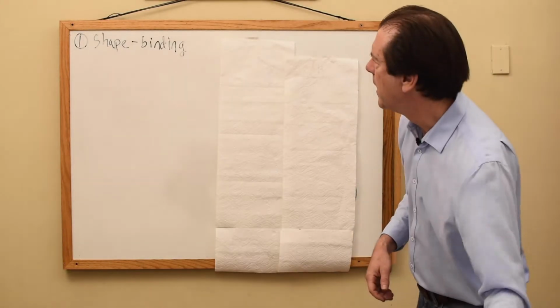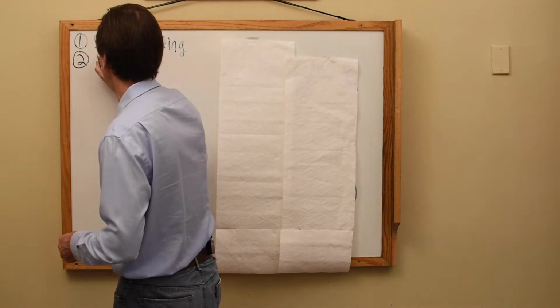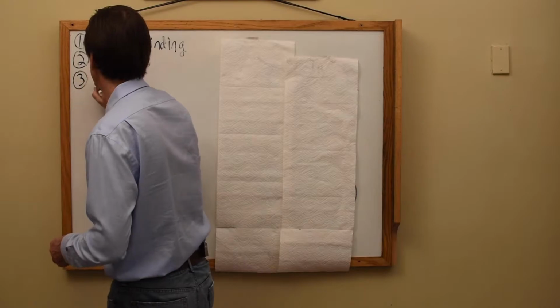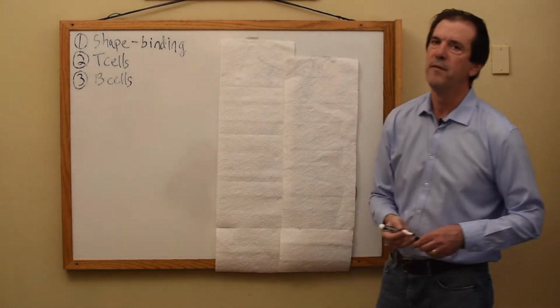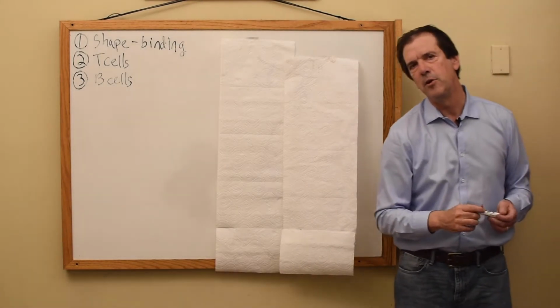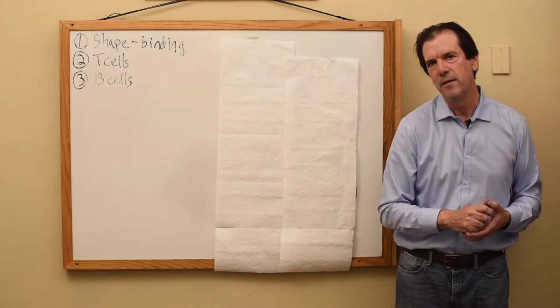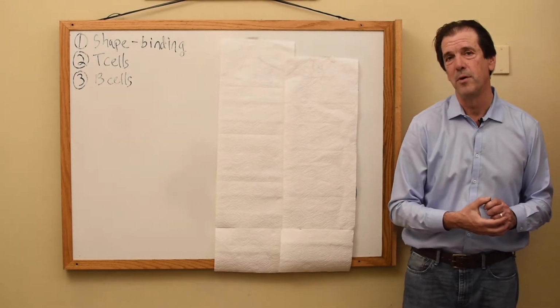The other thing I'll introduce you to are the key cells of the adaptive immune system, and that would be the T cells and B cells. These are collectively called lymphocytes, and altogether in the human body there are roughly 2 trillion lymphocytes, so that's 2,000 billion. That's a huge number of cells.